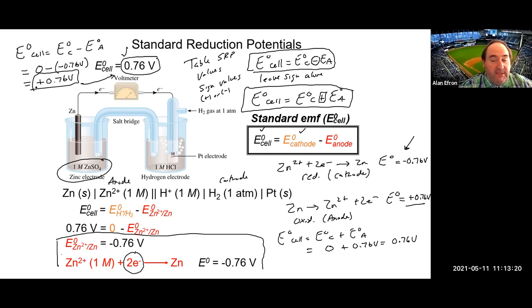But if you want to change it, which, to be truthfully honest with you, is technically the correct way of doing it, because E values are specific for how the reaction is written, you should add. If you don't want to change the sign that you find in the table, you should subtract. So that's an important distinction between those two ways. You definitely don't want to change the sign and then subtract, because you'll undo it. So you've got to choose one way and stick with it.